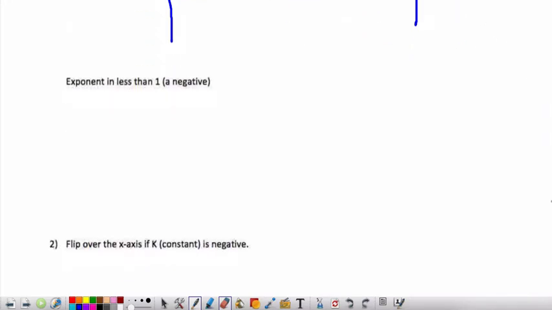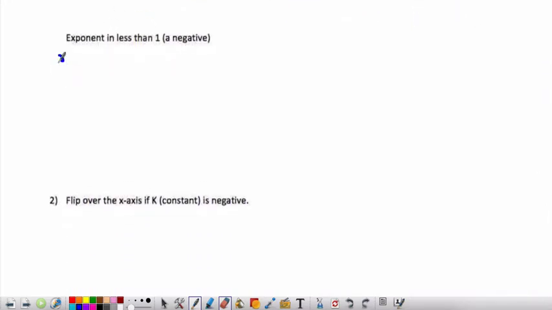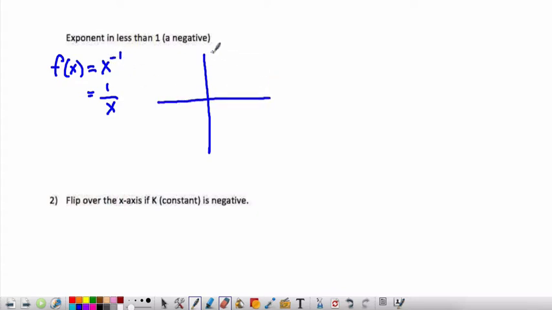All right, less than 0. So now we're talking about negative exponents. So x to the power of -1, well, this is the same as 1 over x, the inverse function. Right? We also talked about it varying inversely, so that should make sense for you. Okay, this looks like this.